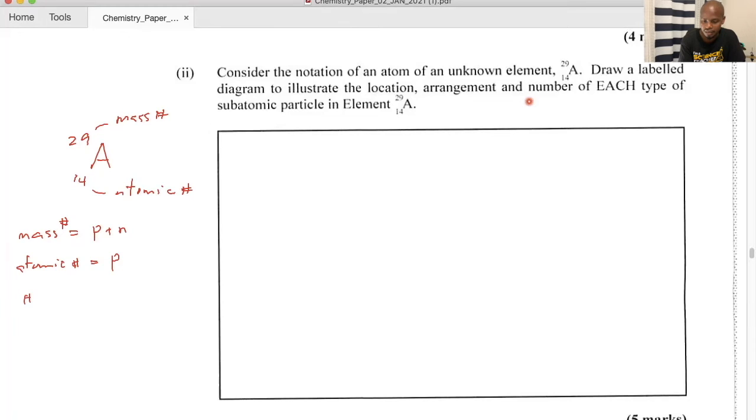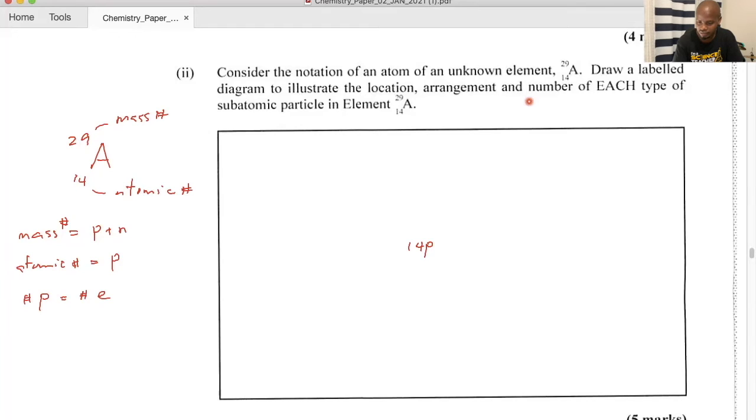And in any given atom, the number of protons is equal to the number of electrons. So we go right ahead into drawing. So we would have 14 protons in the nucleus in the center.